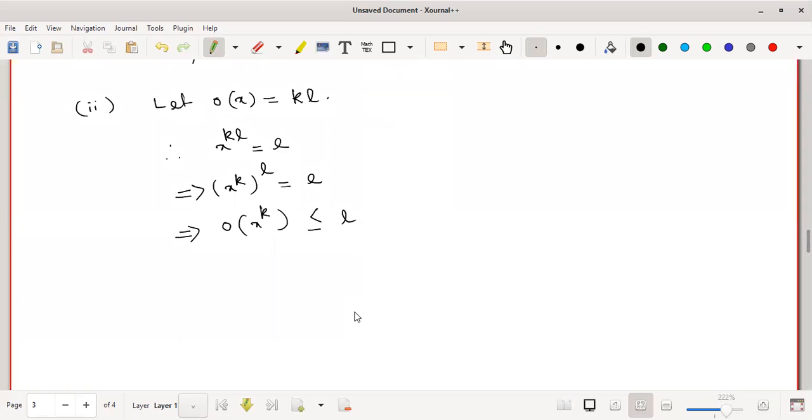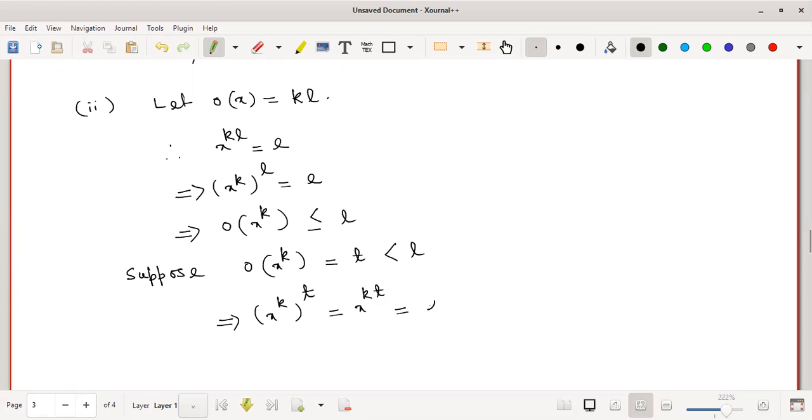Of course, these are natural numbers that I have not said. Fine. Suppose it is strictly less than L. Is it possible? Suppose the order of x to the power k is equal to t, which is strictly less than L. This implies (x to the power k) to the power t is equal to x to the power kt, which is equal to identity.